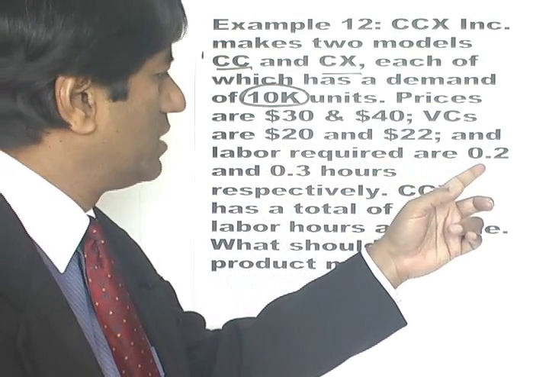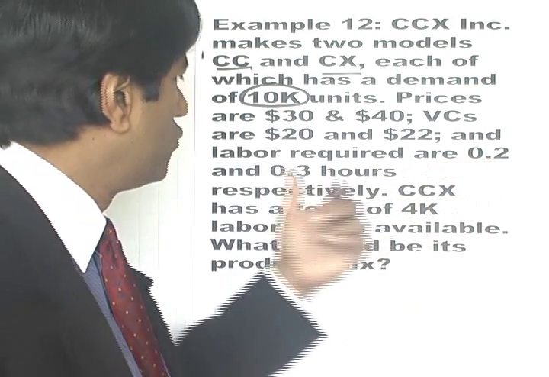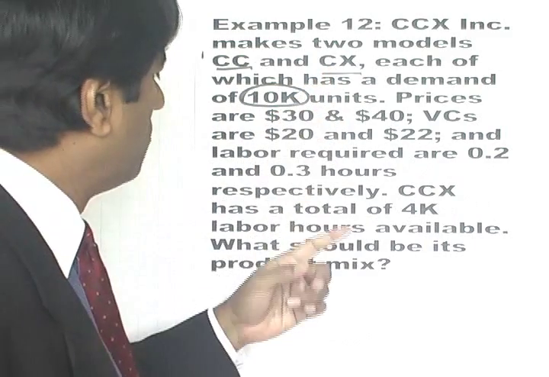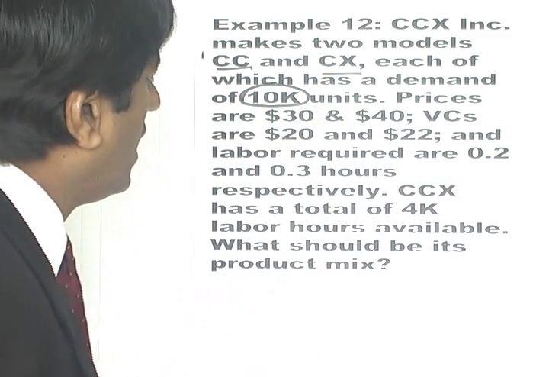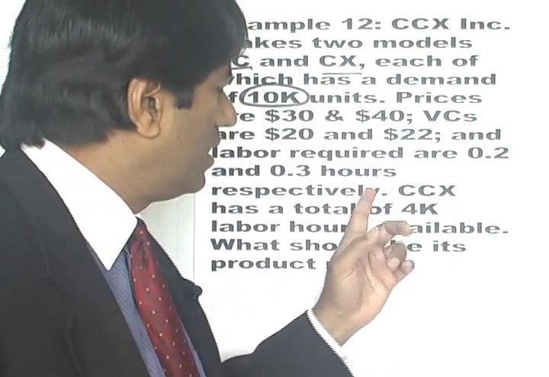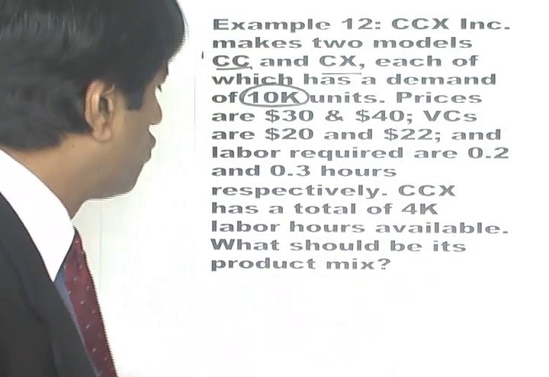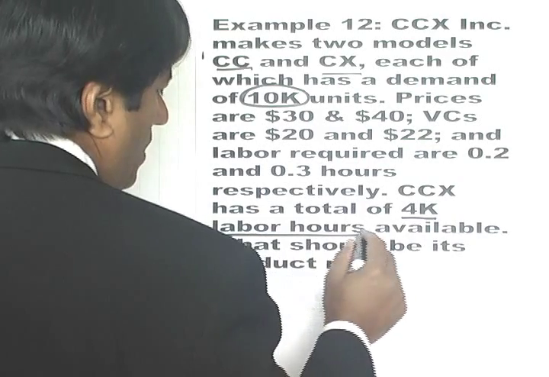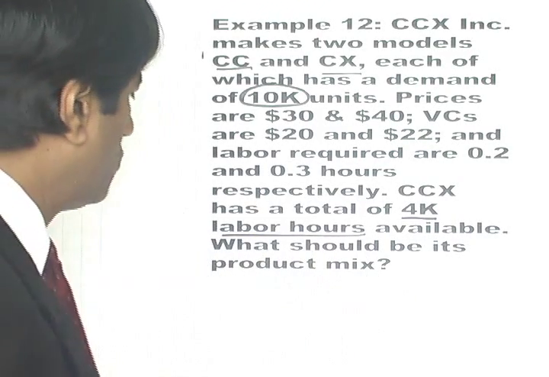Labor required is 0.2 for the first model and 0.3 for the second model. The firm has a total of 4,000 hours of labor available, and the question is, what should be its product mix?